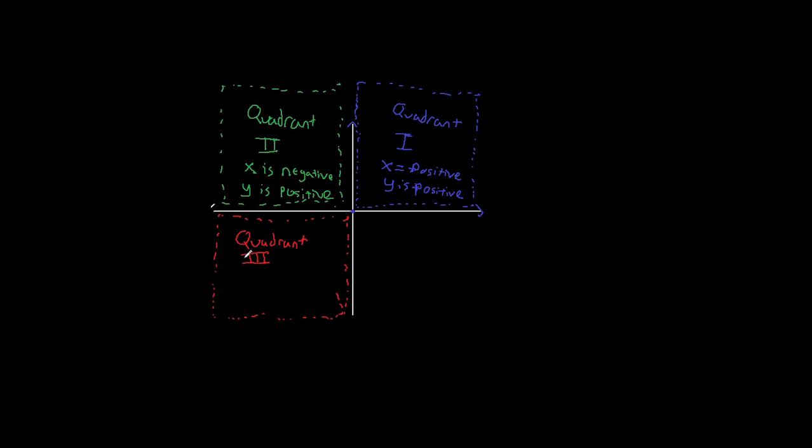And in this case, both x and y are negative, because we're left of the y-axis, which means x is negative, and we're south of the x-axis, which means y is negative. So x is negative and y is negative in quadrant 3.